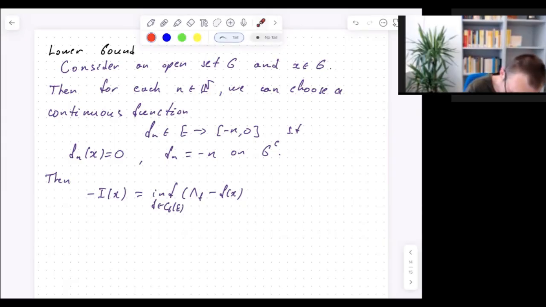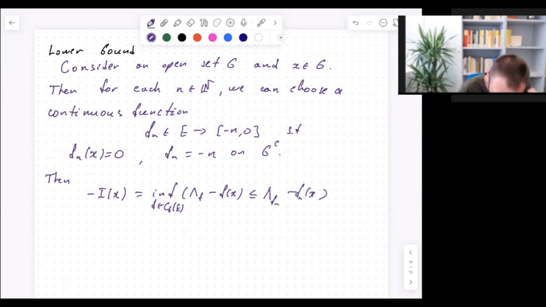But now you see that this infimum must be smaller or equal than just this expression for some concrete function. And now we take the function fn. So therefore, this expression is less or equal than lambda fn minus fn of x. But according to our choice of f, fn of x is equal to 0. So therefore, it is lambda of fn.